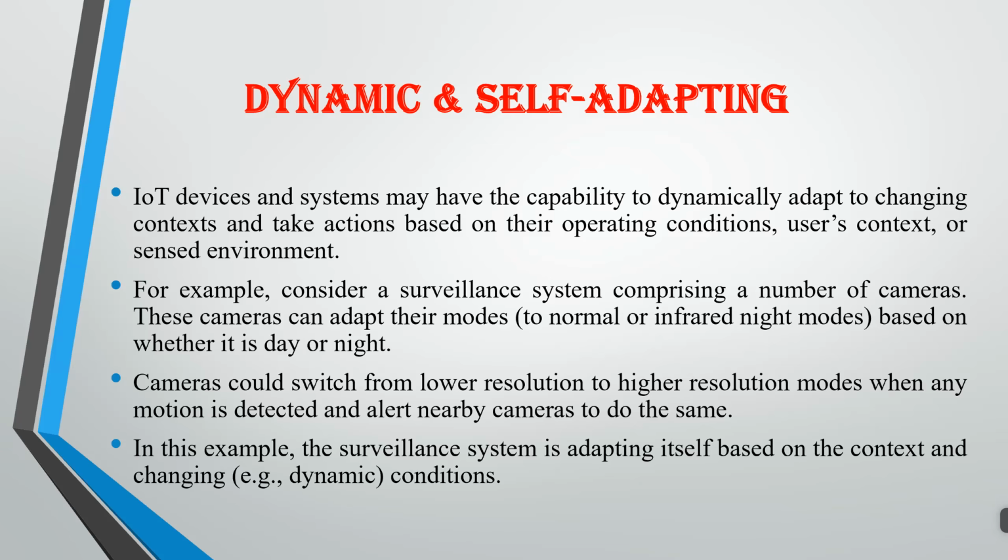To begin with, first and one of the most important characteristics of the IoT devices include dynamic and self-adaption. Basically, this is one of the characteristics which is very important for any IoT devices, because IoT devices are mainly used dynamically, and it's not possible for any human being to manually change towards the different environmental conditions.